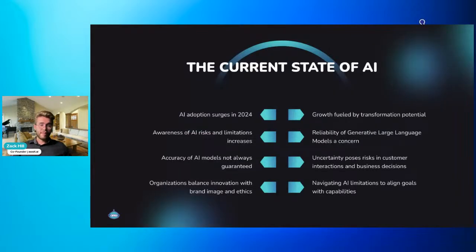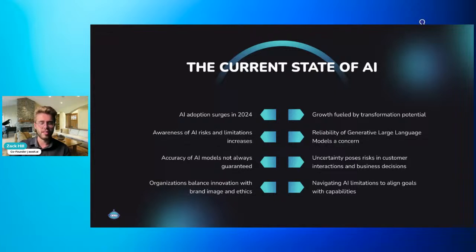All right. AI adoption is soaring in 2024. This exponential growth is fueled by AI's promise to transform operations, customer engagement, and the products we use every day. As we navigate this AI revolution, we're also becoming aware of its inherent risks and limitations. A key concern lies with the reliability of outputs from generative large language models. While these models offer incredible capabilities, their accuracy can't always be guaranteed.